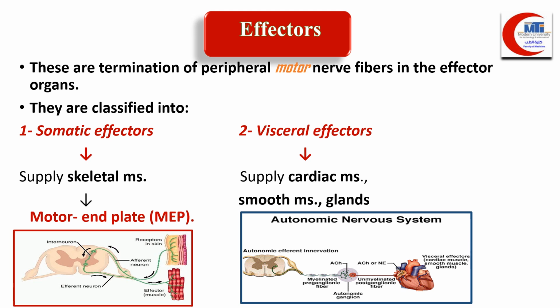Somatic effector supplies skeletal muscle fibers. In this case, it is named the motor end plate. As regards the second type, the visceral effector, it supplies autonomic organs, which are supplied by the autonomic nervous system, such as cardiac muscle, smooth muscle, and glands.